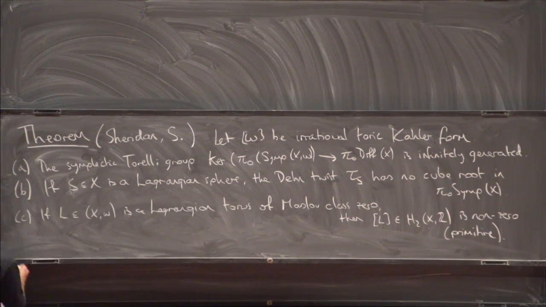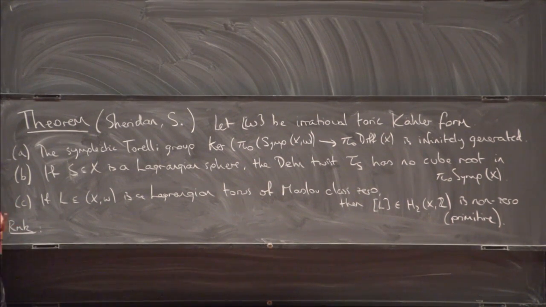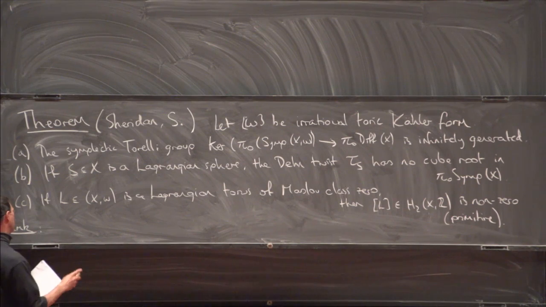And just as a remark, a statement very close to, maybe equal to, C was proved but never written down, using related but somewhat different techniques, again using ideas of mirror symmetry, by Paul in the case of the quartic K3.